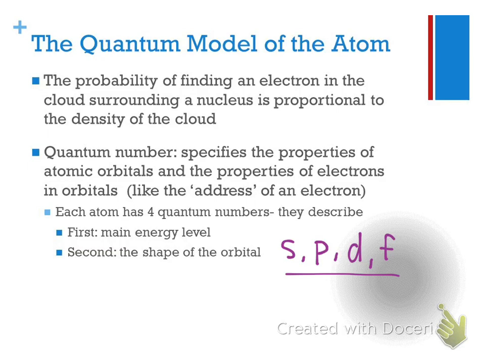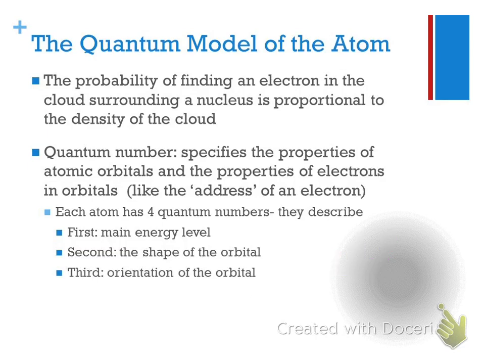Okay. So the first one tells us what level we are in. The second part tells us what shaped orbital it is in, right? Is it in a 1s, a 2s, a 2p, whatever. The third one tells us the orientation of the orbital. And orientation, remember, is kind of the tilt of the orbital around the axes. We saw when we were doing our demonstration the other day that p orbitals can be like this, or like this, or like this, right?